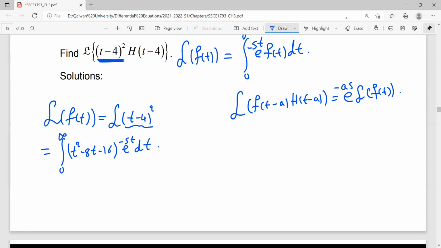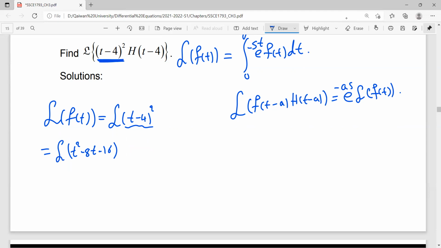Okay. Here we find the Laplace transform of f of t, and it equals, let's do this. It's easier to do directly by applying the rules. We don't need to use the integration.